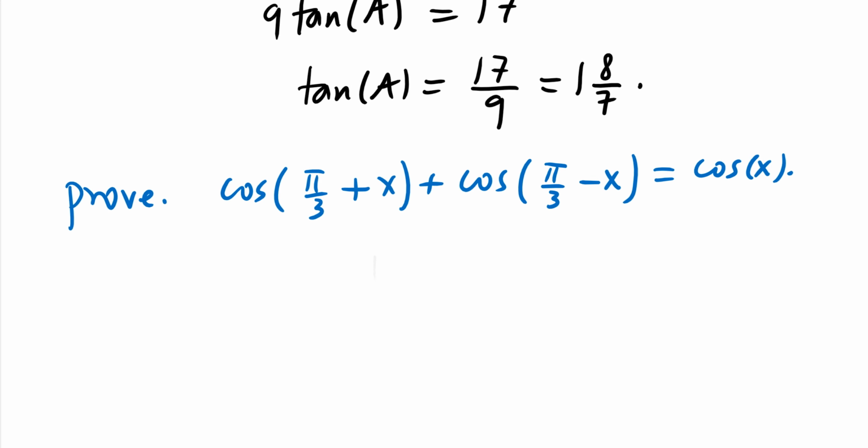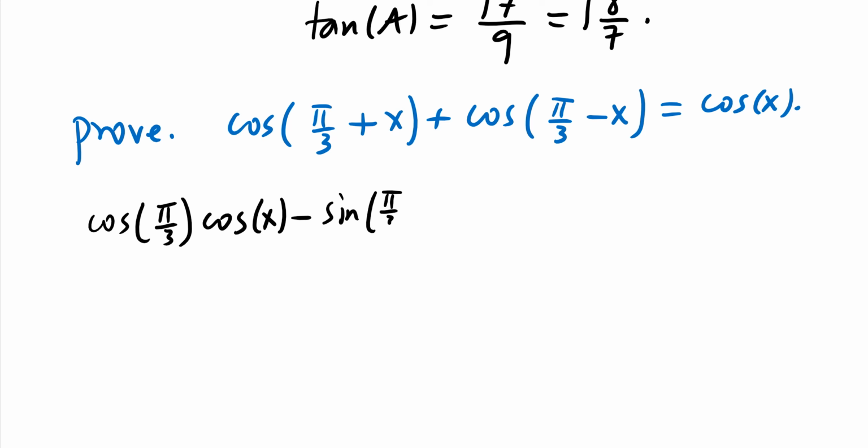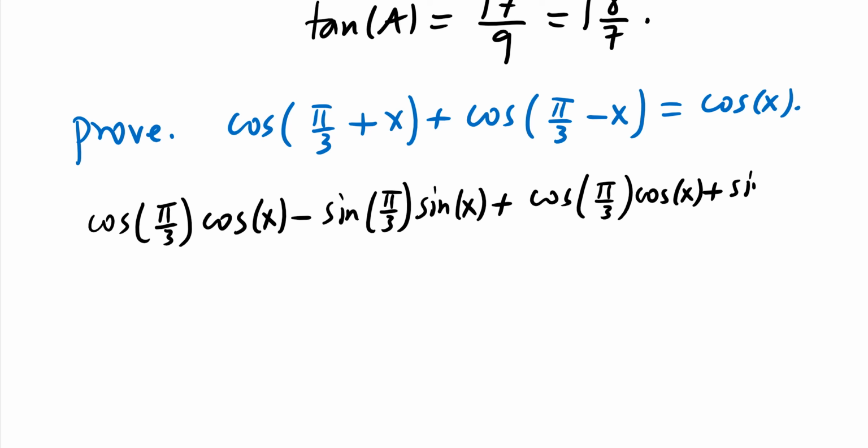No. The formula says, from the left-hand side, cosine cosine minus sine sine. Same thing here, cosine cosine, we switch the middle sign, plus sine sine. We don't touch the right-hand side. That's going to be the answer. That's the answer in the back of the book. Don't touch the right-hand side.